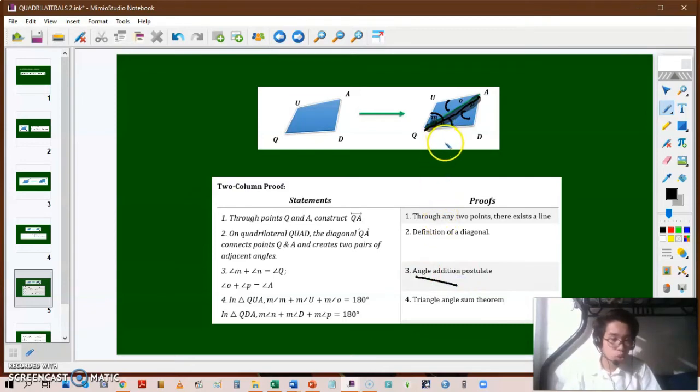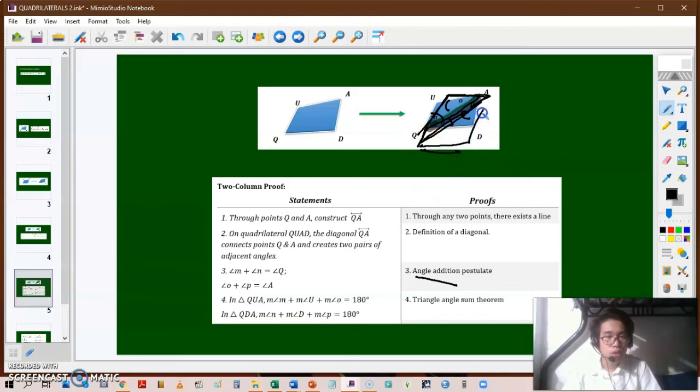Angle Q is composed of M and N, and angle A is composed of O and P. Then in triangle QUA, the measurement of angle M plus the measurement of angle U plus the measurement of angle O is 180 degrees because those 3 angles form a triangle, a 3-sided figure. That also holds true for triangle QDA, the one at the bottom here.